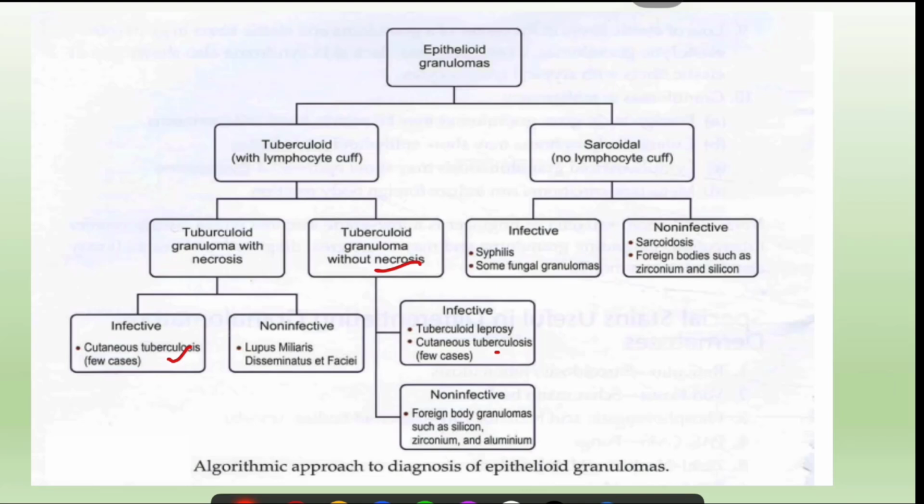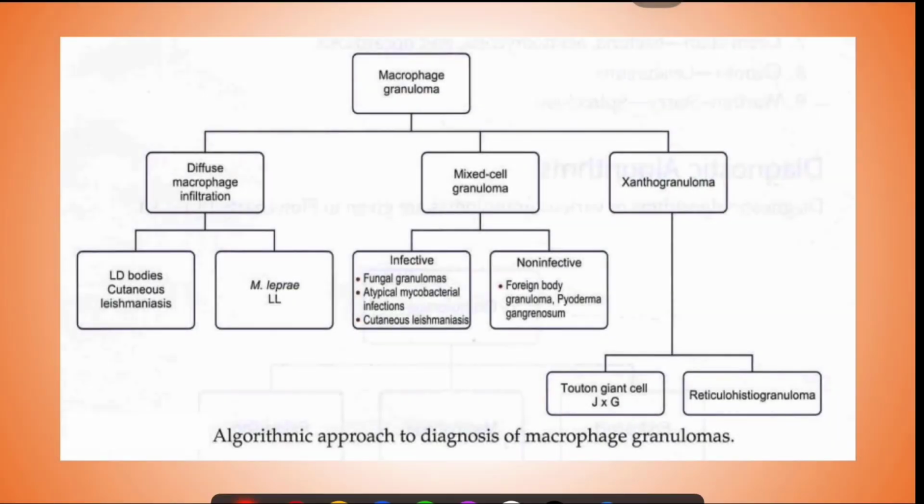If it is non-infective, it is foreign body like silicon, zirconium and aluminium, and sometimes in tattoo formation. Then sarcoidal, no lymphocytic cuff: if it is infective, syphilis and fungal granuloma; non-infective, sarcoidosis and some foreign body epithelium.